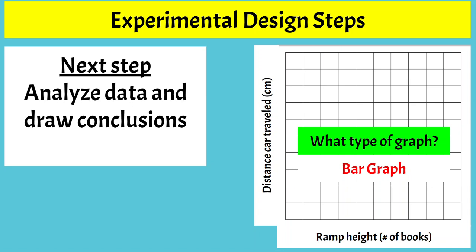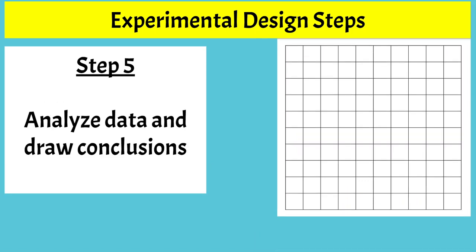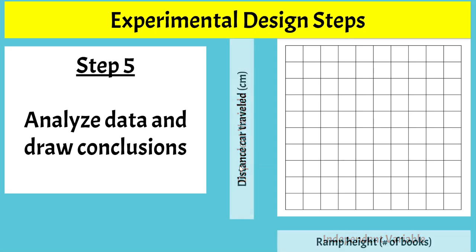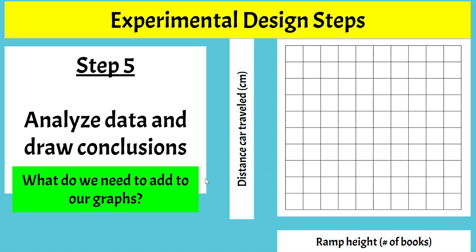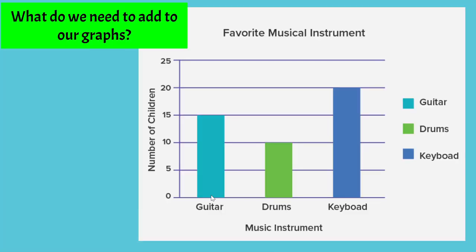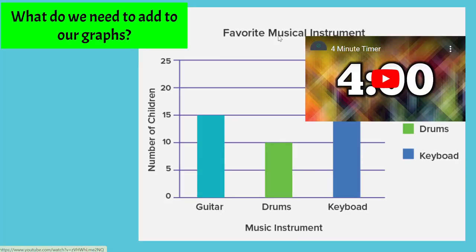Okay, we're going to use a bar graph, so I'll just remind you about what bar graphs look like, and then you'll analyze your data. All right, so here's an example. An example would be if you asked a bunch of students what was their favorite musical instrument. Okay, so this is a graph that shows what was the favorite instrument for a bunch of students.